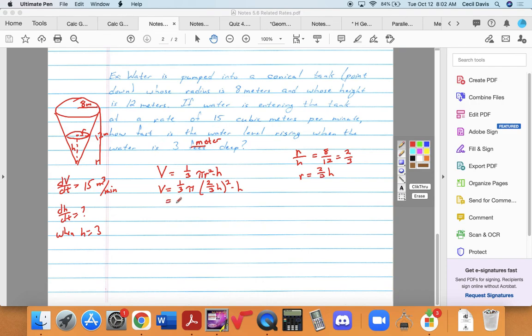If I multiply that all out, I get 4 over 27 times pi times h cubed. So you just multiplied out.